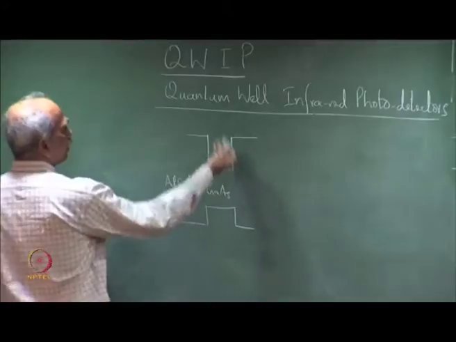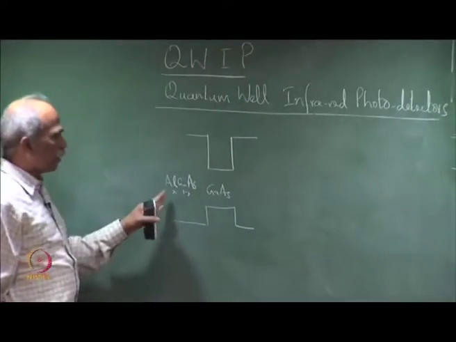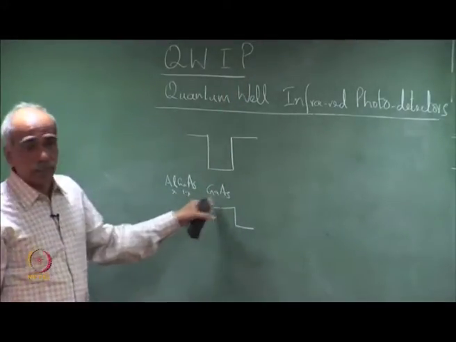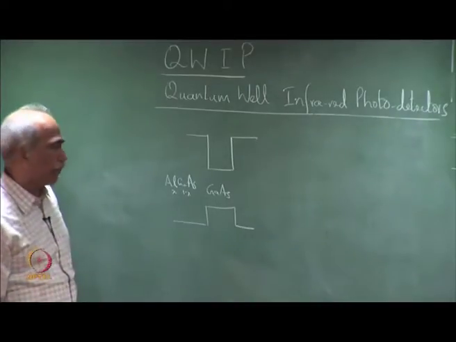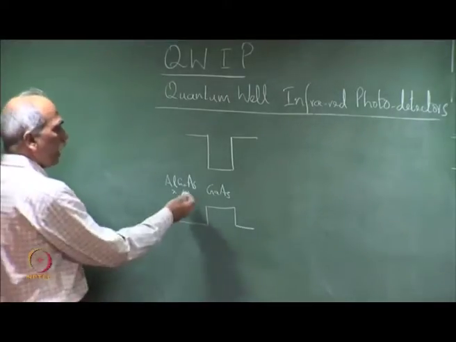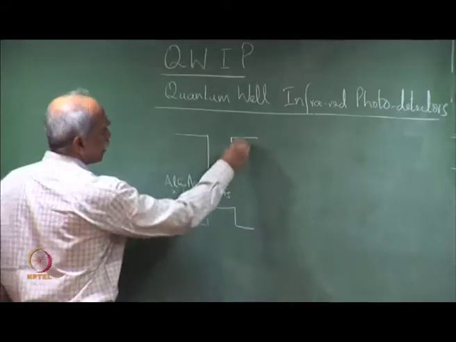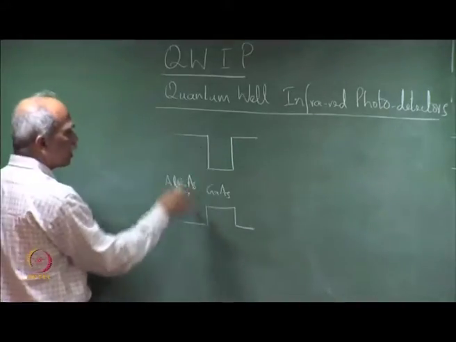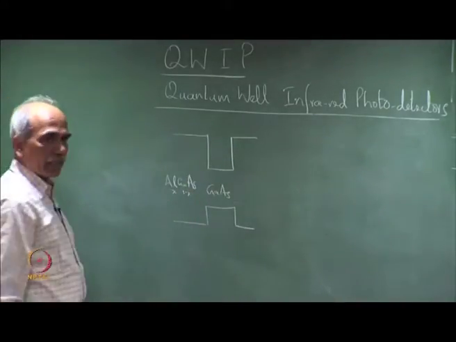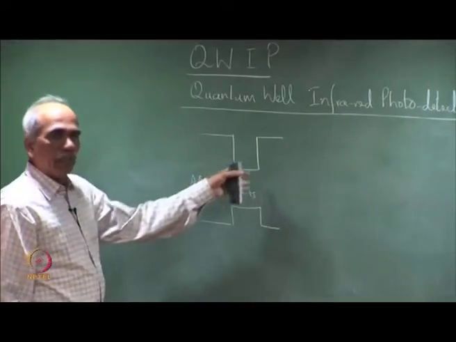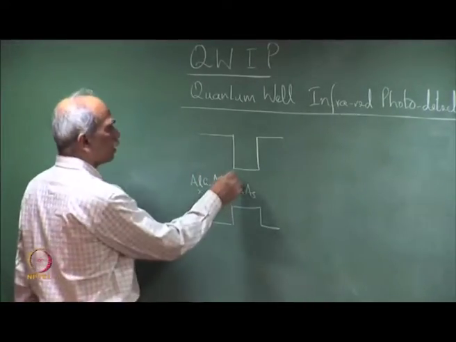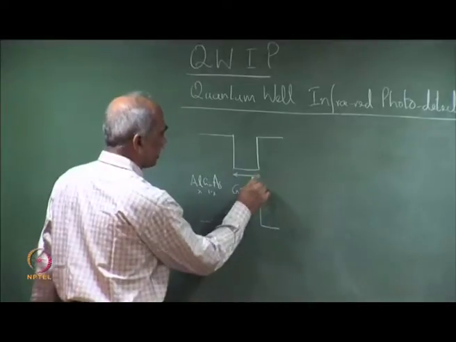Indeed, QWIPs consisting of aluminum gallium arsenide and gallium arsenide quantum wells are widely used. If we have a small band gap material sandwiched between two large band gap materials, we can obtain a quantum well depending on the dimension of this layer, d.